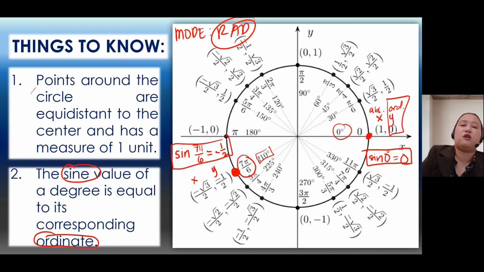Remember, it will depend on the model of your calculator. There is a piece of paper attached to the cover of your calcu so that you know how to change the mode. If the piece of paper is missing, you can search it online. Just input the model of your calcu. So that is sine 7 pi over 6 equals, the answer is negative 1/2. Okay.